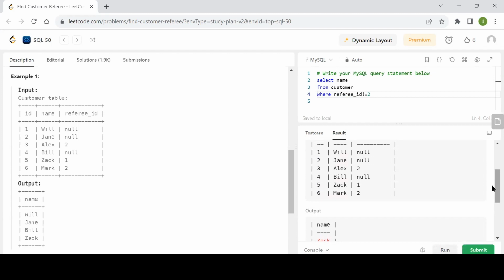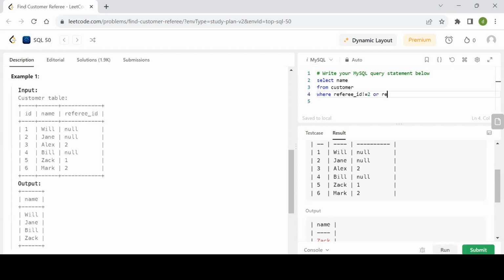If we are writing it this way, we need to include the is null or is not null clause as well, along with this. We have already captured Zach's name, but we need to also capture the null rows. And for null rows, what do we need to write? We need to write is null or is not null. So along with this, we will give one more condition: either this, or include the null rows as well. Correct?